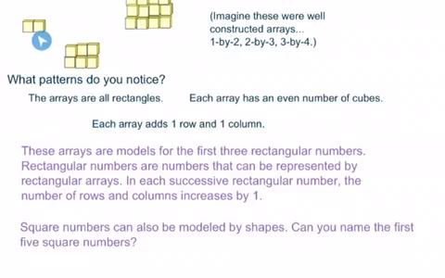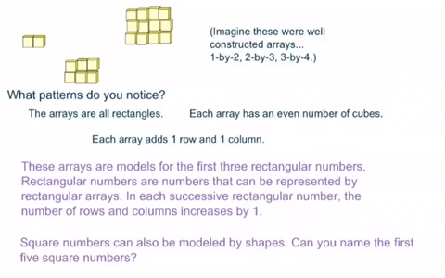So if I go from this here, I'm adding another row and another column. If I go from this to this one, you can see this shape in there, right? That rectangle. But I added to it another row and another column. So maybe you notice that.